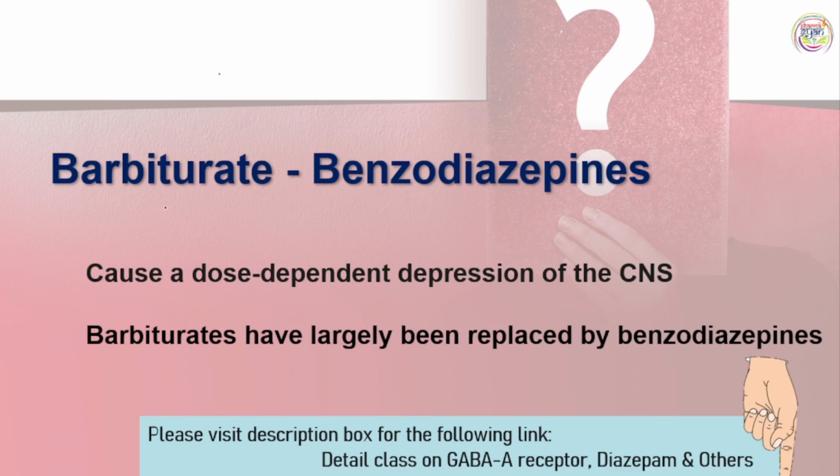Now we are going to focus on barbiturates and benzodiazepines. This category of drugs can cause dose dependent depression of the CNS. Increase the dose, and the depression capacity also increases. In current practice, barbiturates have largely been replaced by benzodiazepines.